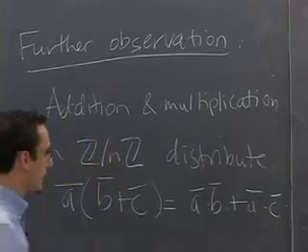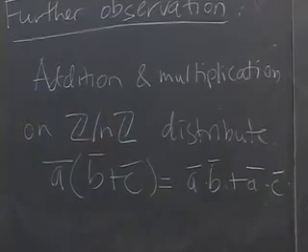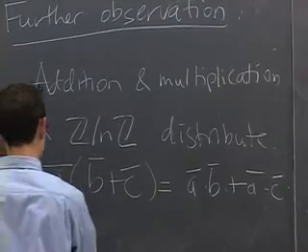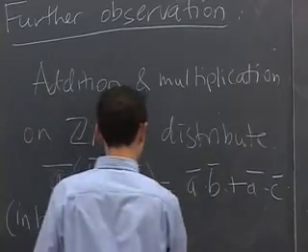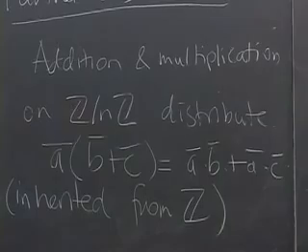Now, of course, this seems like an utterly obvious thing because it's just inheriting what's going on from the integers. So this is inherited from Z. And so it's a very simple verification.